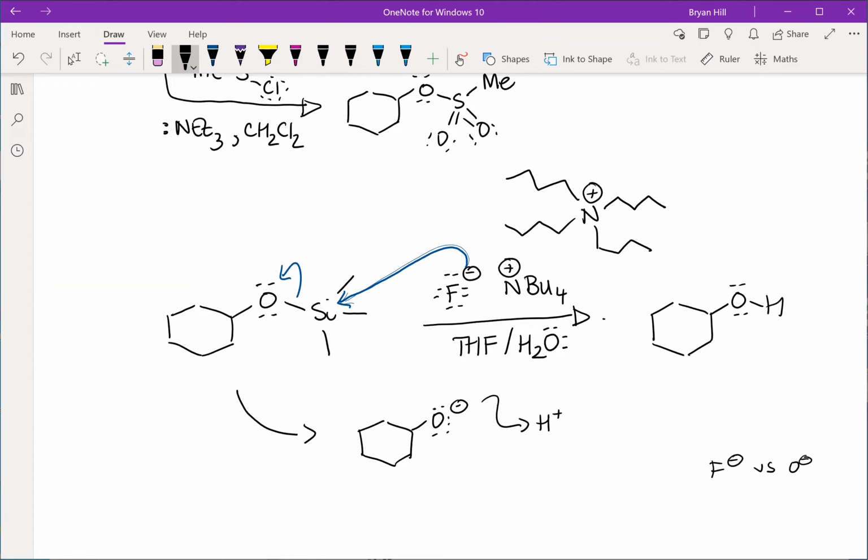The thing which we're missing in that whole formula is that the silicon fluorine bond is so incredibly strong that it's a thermodynamic sink. So it overcomes this energy difference for the oxygen going up because the oxygen later gets protonated anyway. So the reason why this works so well is that this fluorine and the silicon have this natural affinity for one another. And so it attacks that silicon, and that's how we get it.